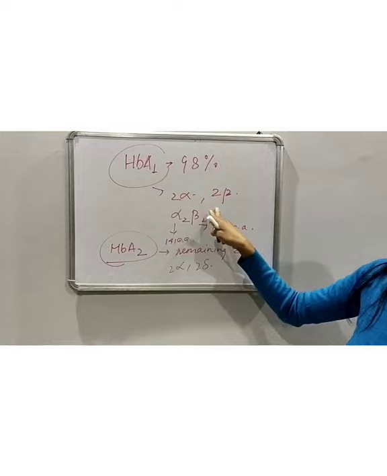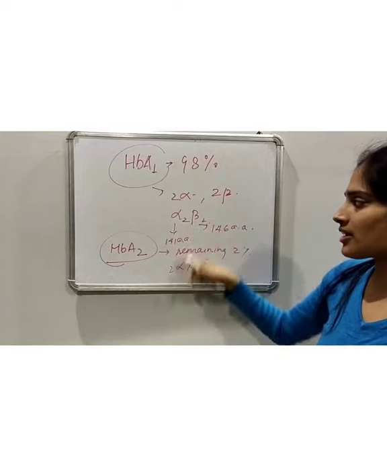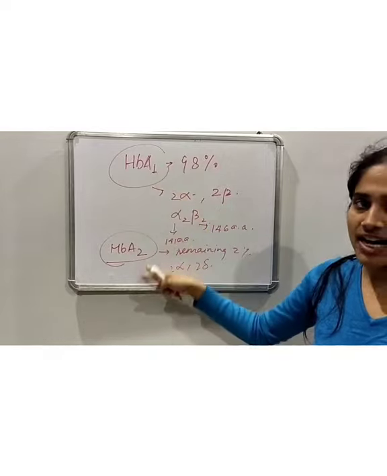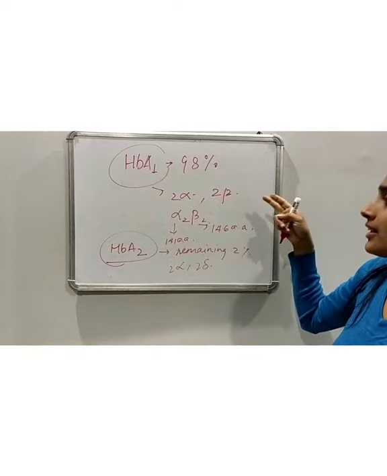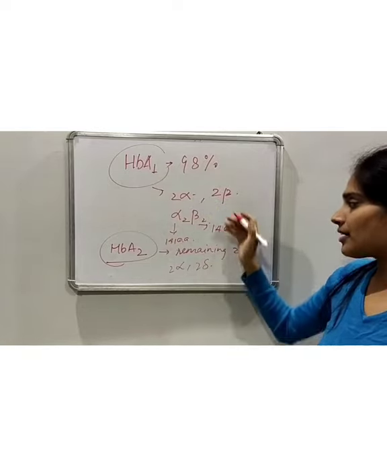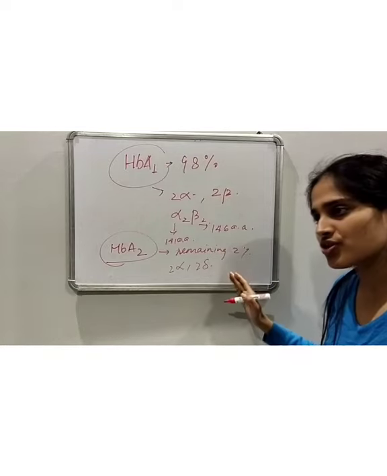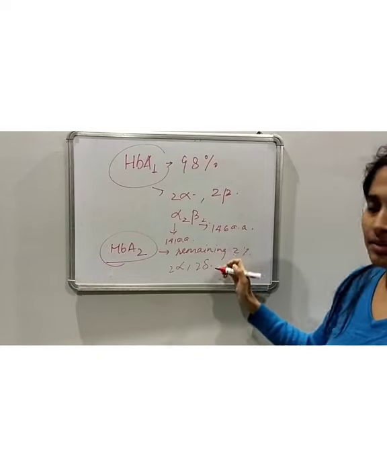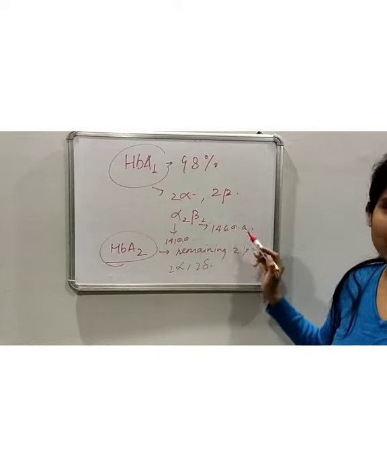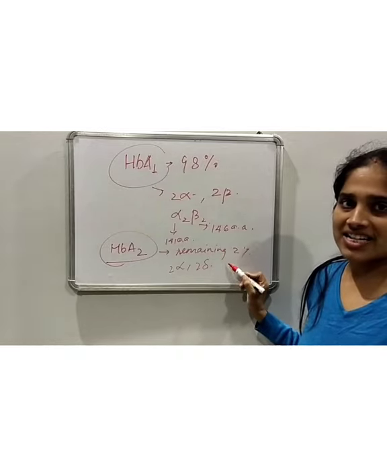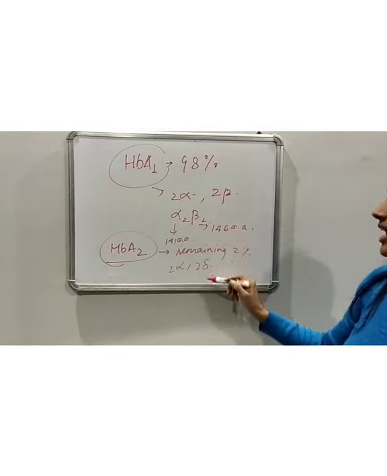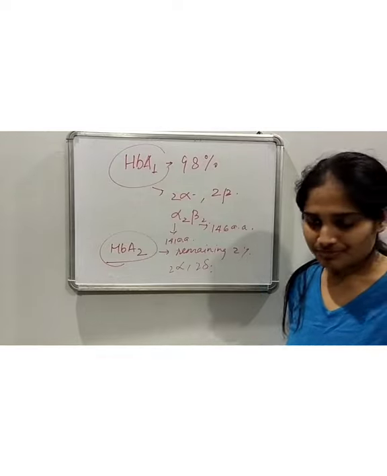So the alpha chain is the same in both HbA1 and HbA2, whereas the other chains, beta and delta, are almost identical, with only a difference of 5 amino acid residues, which makes one beta and the other delta.